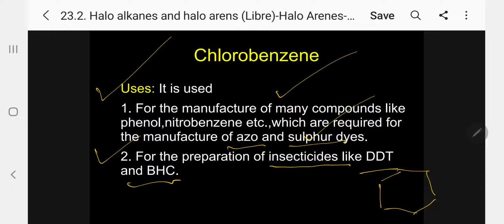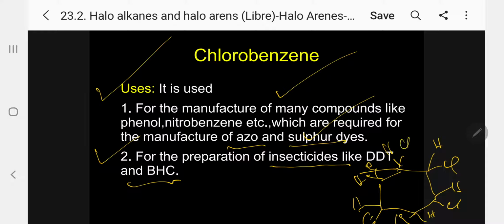Benzene hexachloride means, just see, this is the benzene. So what will happen here? Automatically this is forming HCl, and HCl. Kindly follow.